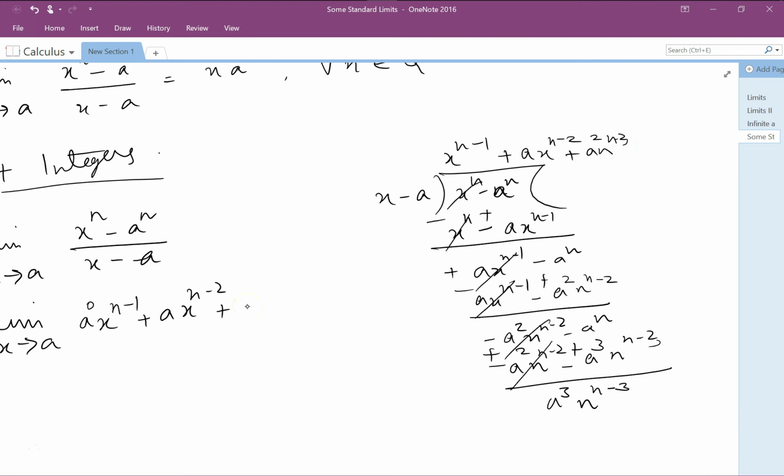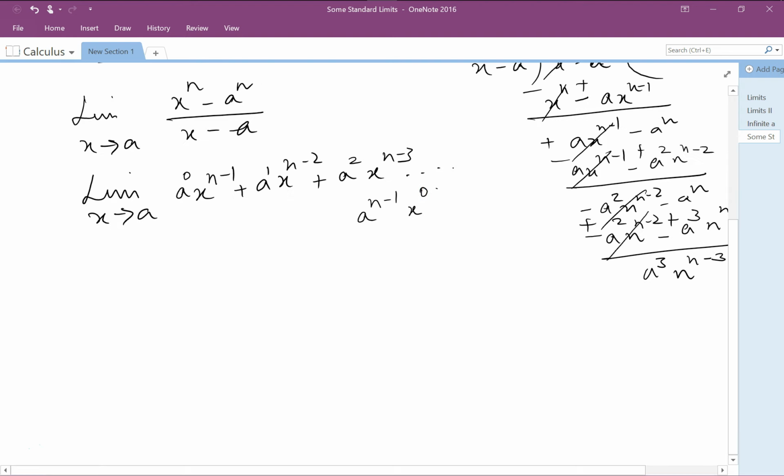Anyhow, if you do the division properly, this is what will emerge. So a's power will keep increasing and x's power will keep decreasing, till a's power becomes n minus 1 and x's power becomes 0.